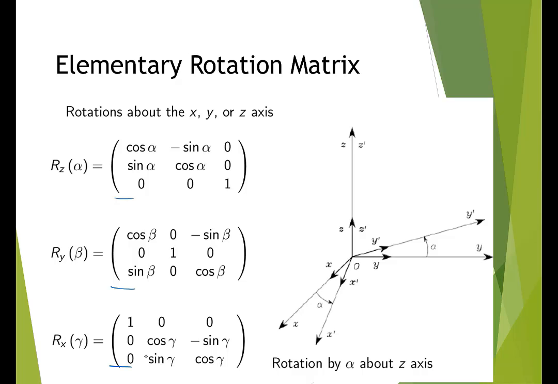Now, how do we calculate these elementary rotation matrices? It's very straightforward. Actually, using the equation that we already derived, we can calculate these. I'm going to quickly calculate the rotation around Z for you, and you can try to do it for Y and X later at home.